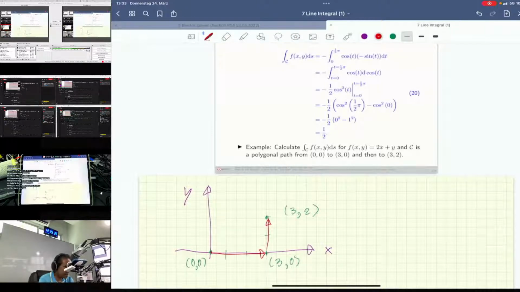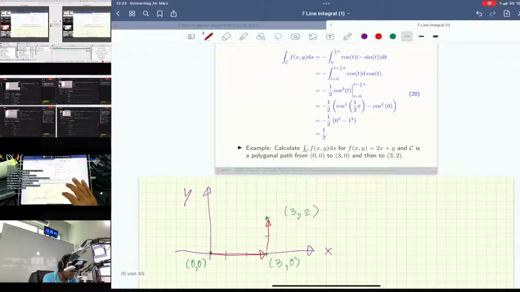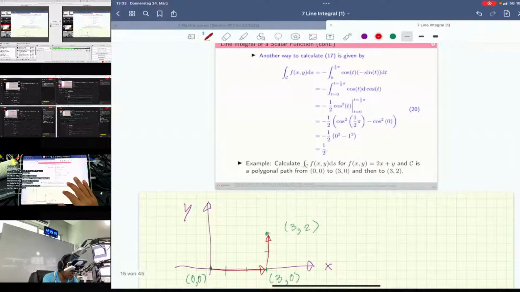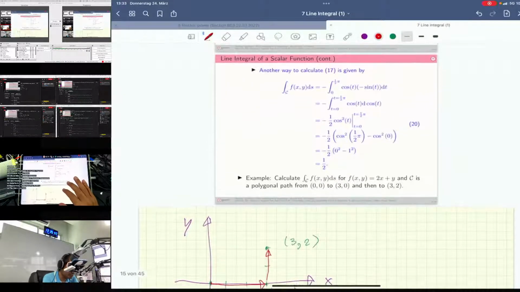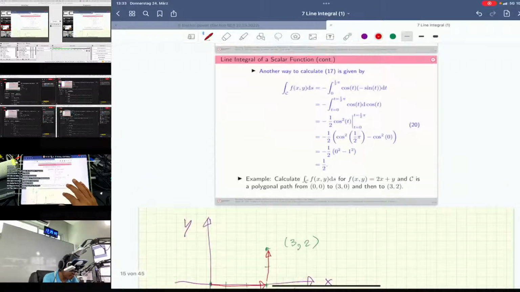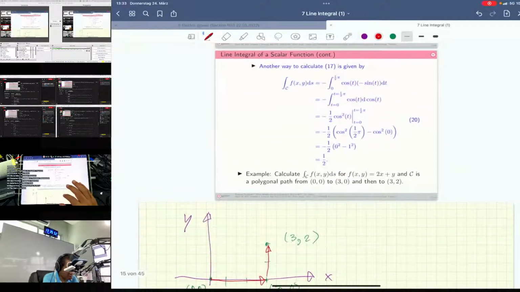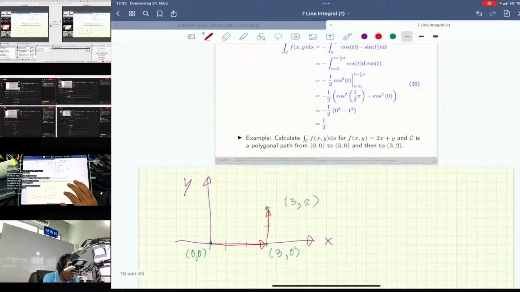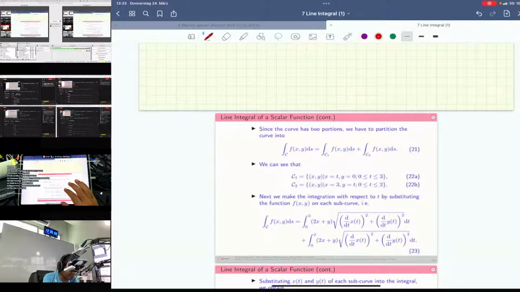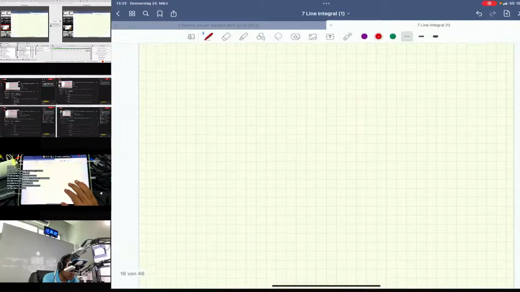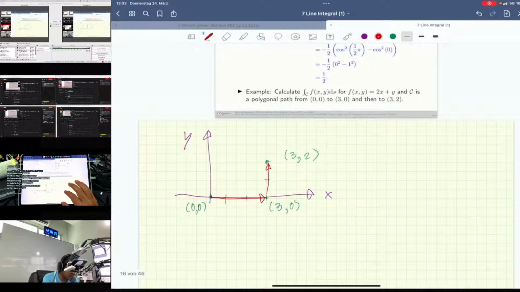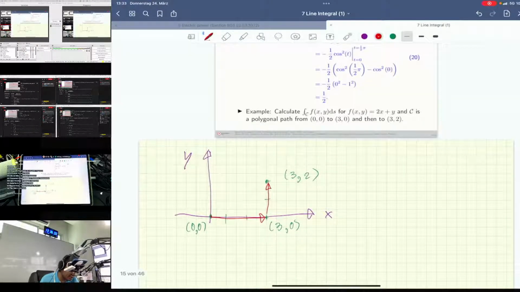That's the polygonal path, right? Because they didn't say that we have to return from 3, 2 to 0, there will be no returning path like this. We will have only the straightforward path.